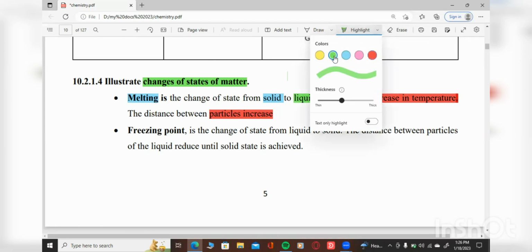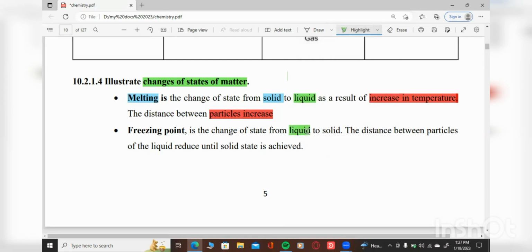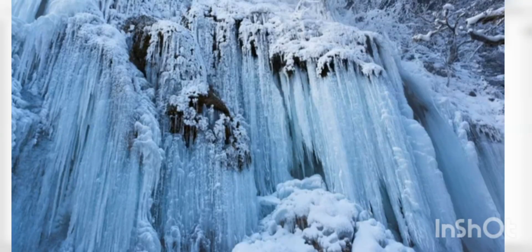You're getting liquid and changing it into solid. You're making water into an ice block, right? So liquid is now changing to solid. So that change is called the freezing point.